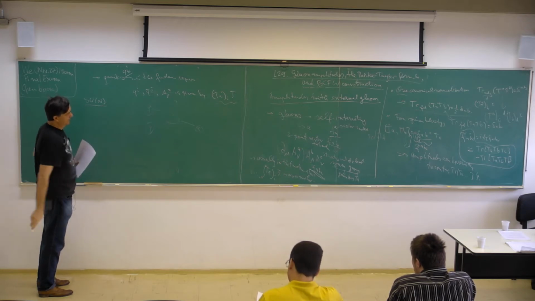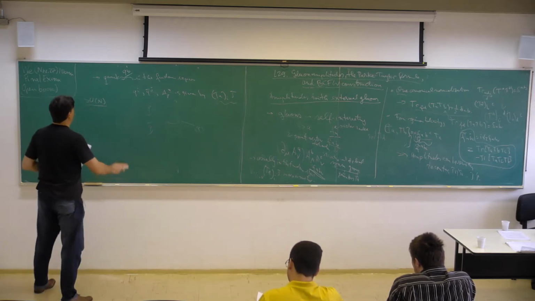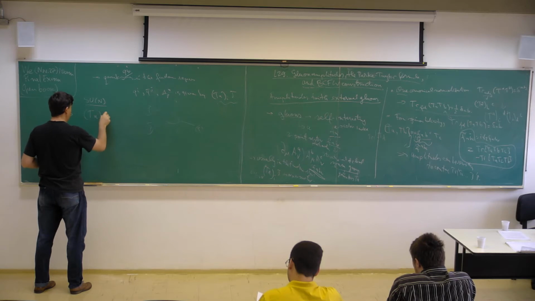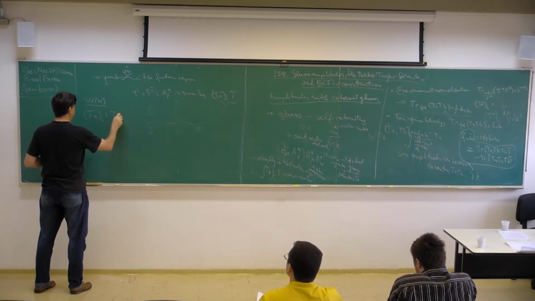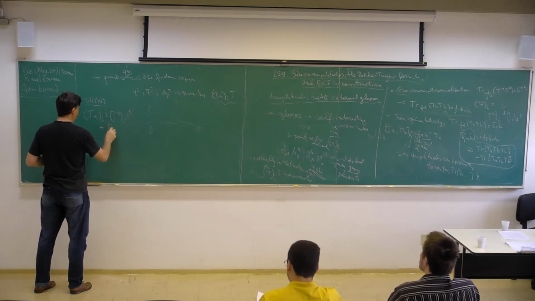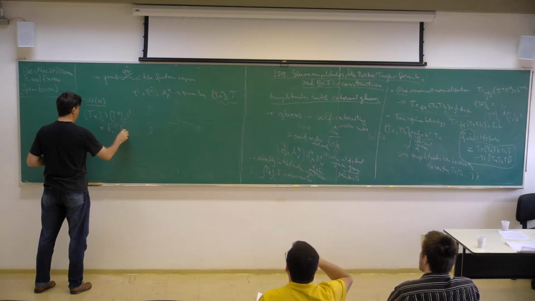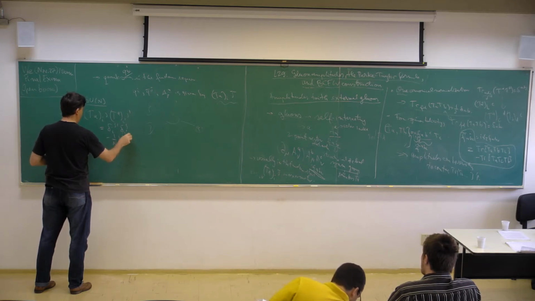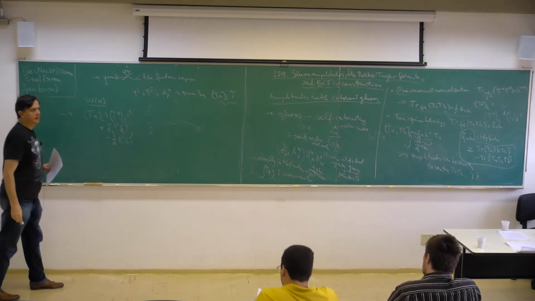In this case, the SU(N) generators satisfy this completeness relation, with delta I j prime delta I prime j minus 1 over N delta I j delta I prime j prime.